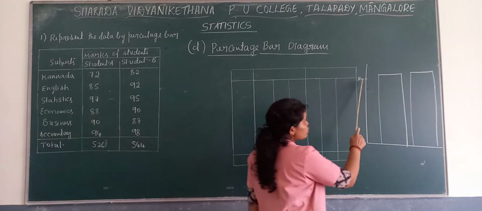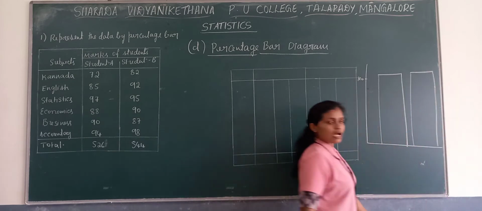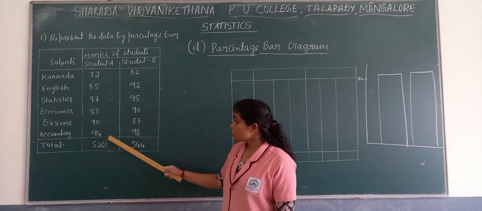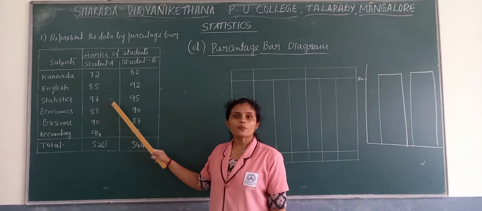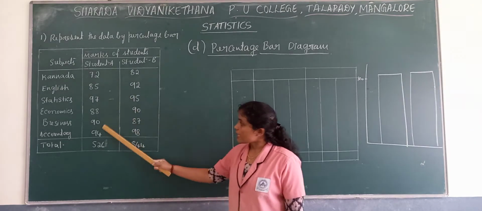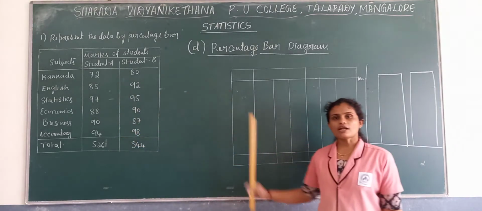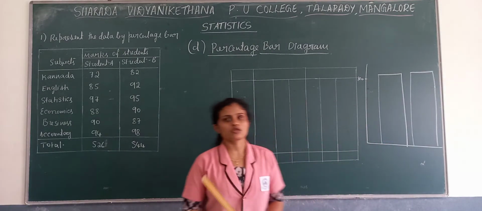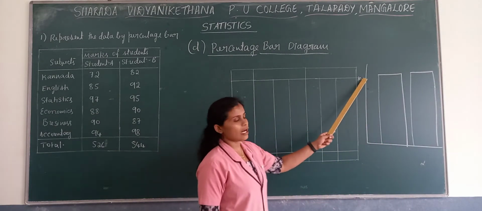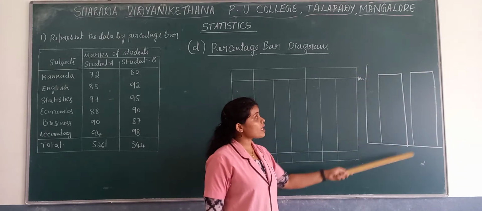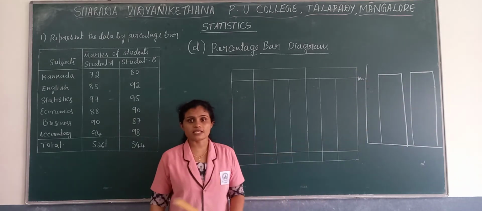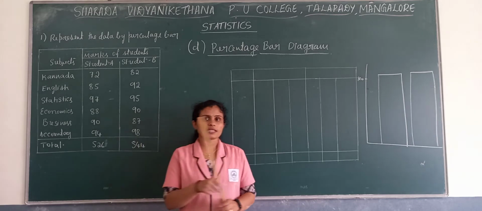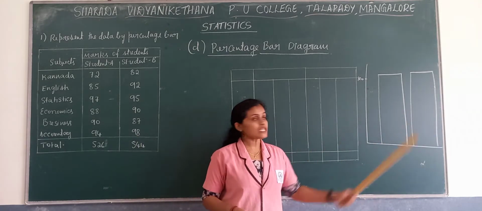So we need to convert whatever values they have given into percentage. Then obviously the total will be 100. That is the difference between subdivided and percentage.